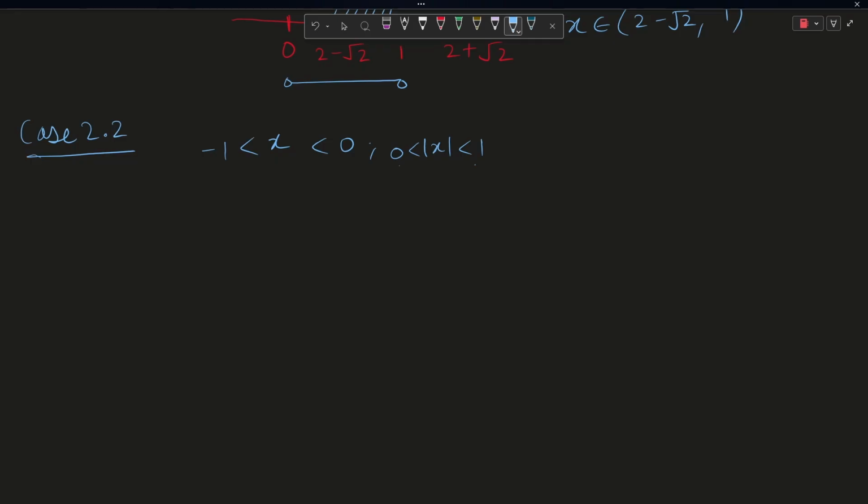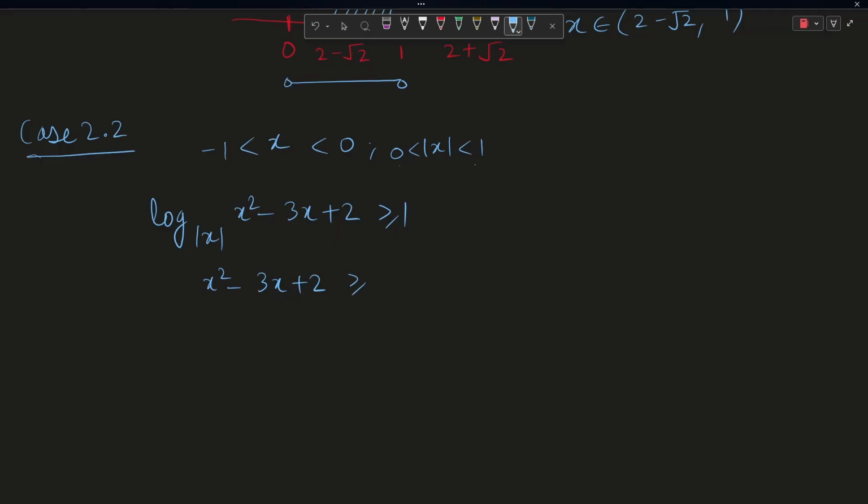As the base is in between 0 and 1, the inequality sign will get reversed. So let's write the inequality: log base mod x of x square minus 3x plus 2 greater than or equal to 1, and mod x, so x square minus 3x plus 2 greater than or equal to mod of x.